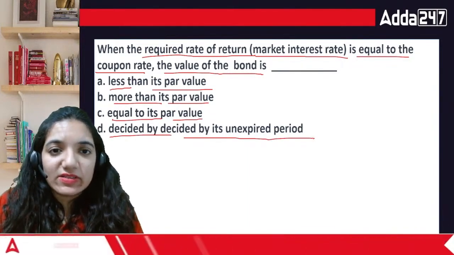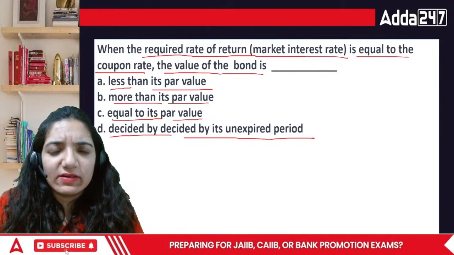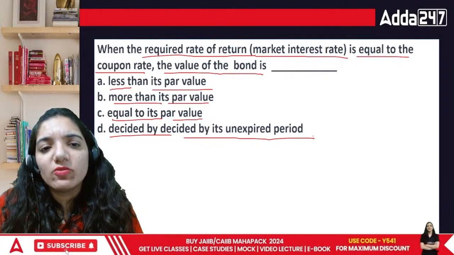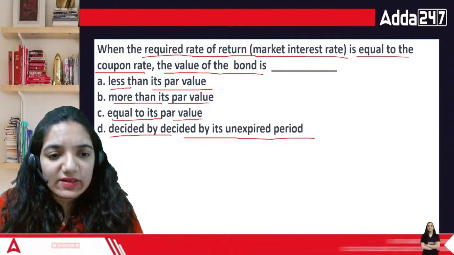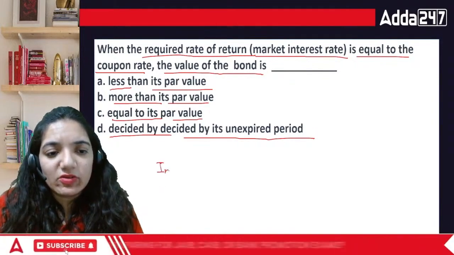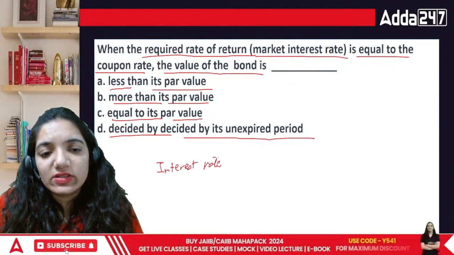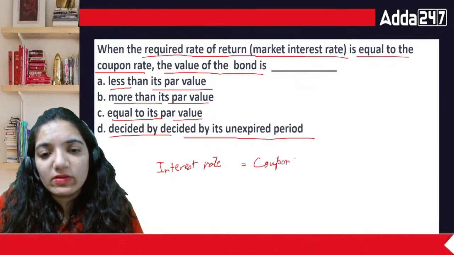This point is the required rate of return is equal to coupon rate. Coupon rate is basically known as interest rate. This is one of the terminologies of YTM. Interest rate is equal to coupon rate.